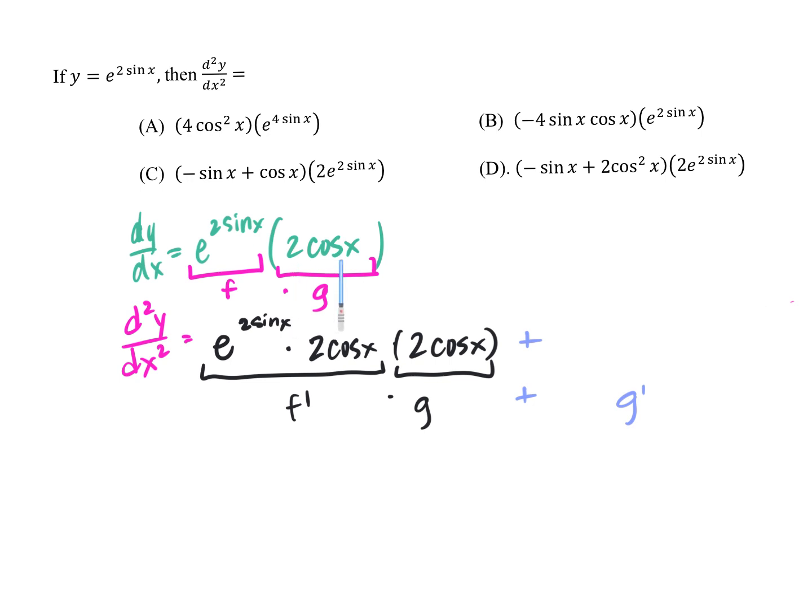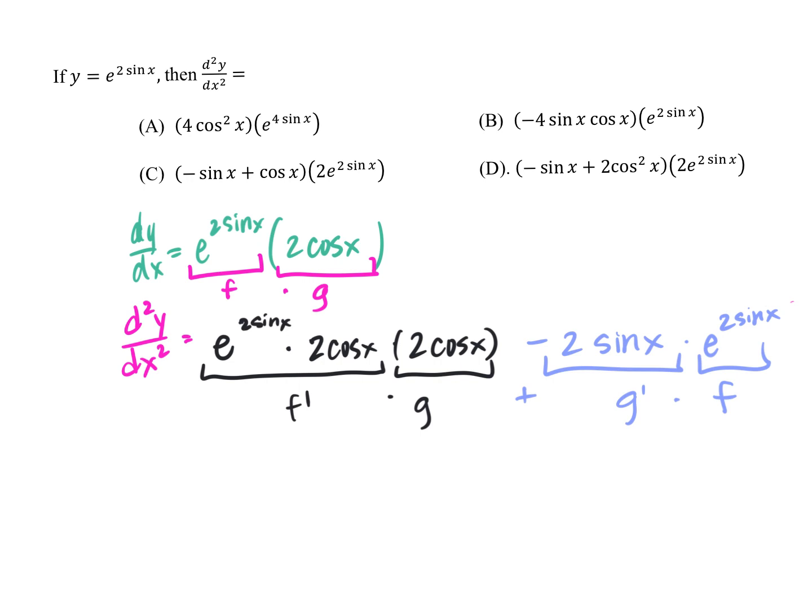Derivative of 2 cosine. Negative 2 sine, or 2 times negative sine. I'm just going to throw that negative out front. So I'm going to change that plus to a minus, 2 sines times my f. Thanks, Brady.